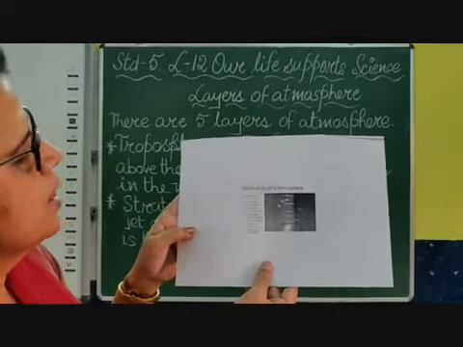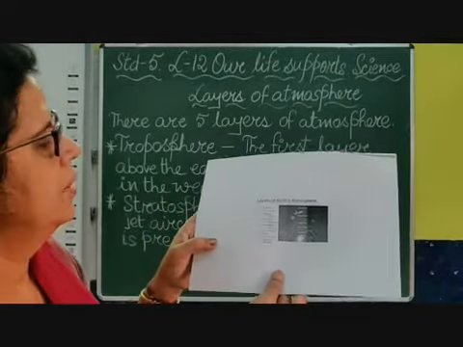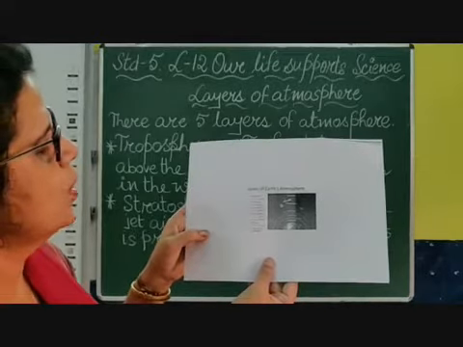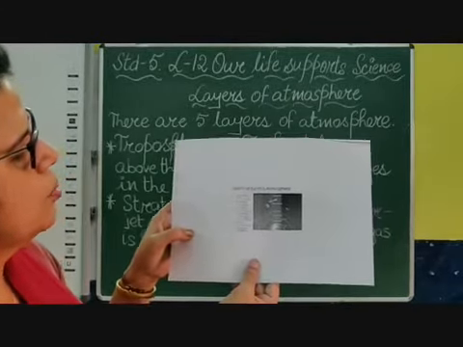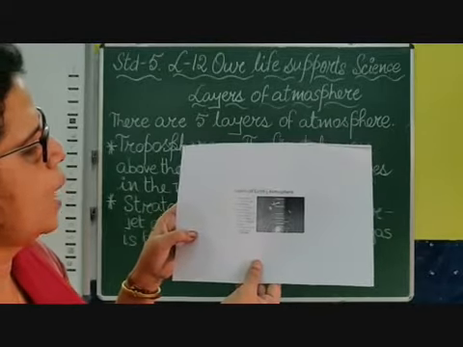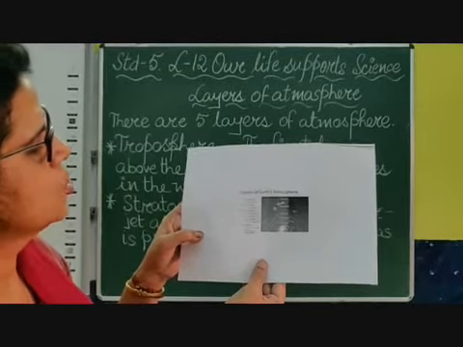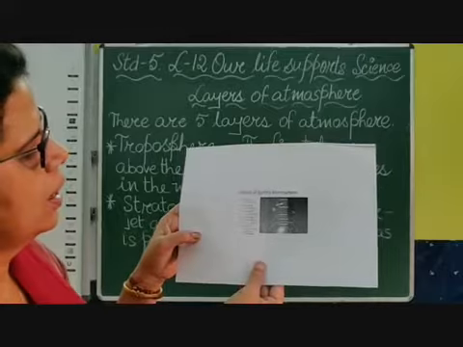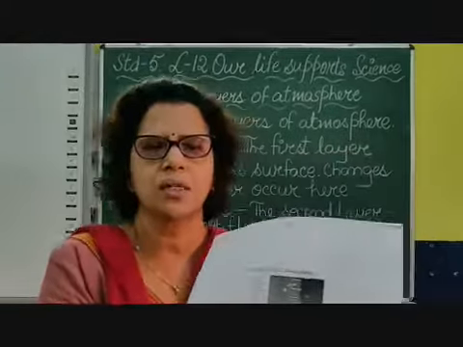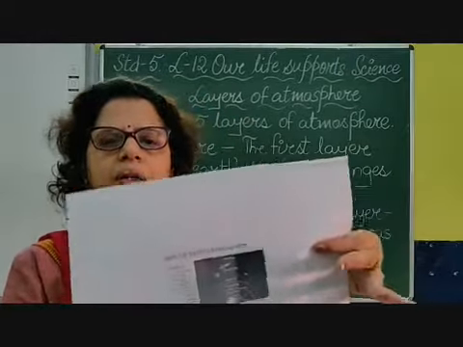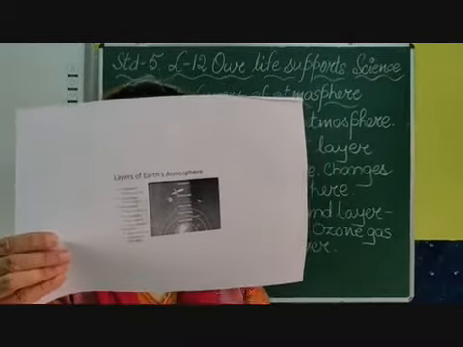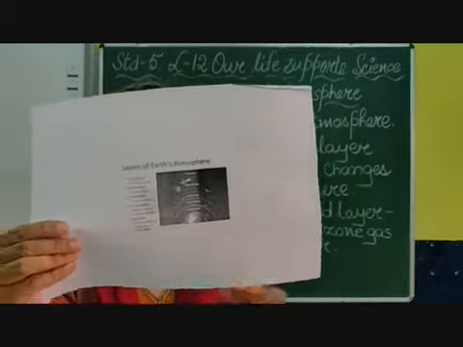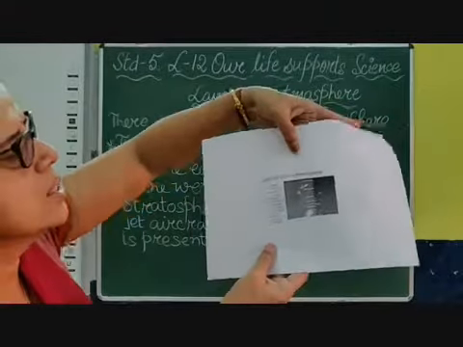Children, troposphere is where we live. Stratosphere, the ozone layer. Mesosphere is where meteors burn up. Thermosphere, space shuttles go to that area. And then exosphere is the thin outer layer, the beginning of outer space, where our Earth's atmosphere is over and the space area starts.